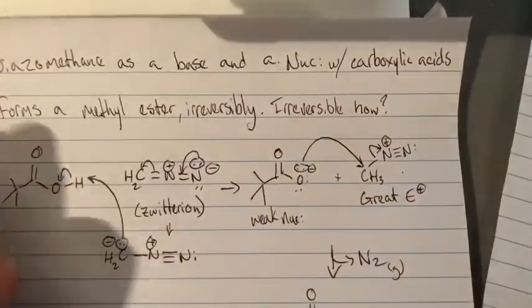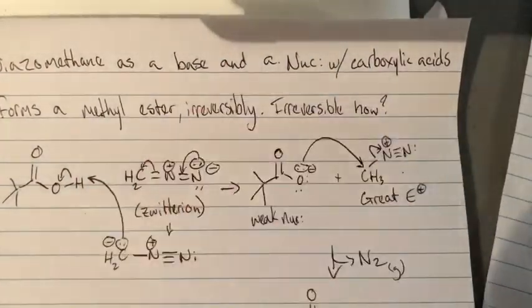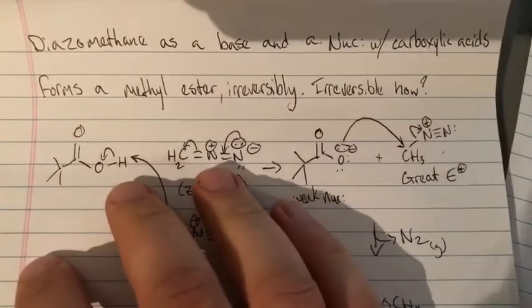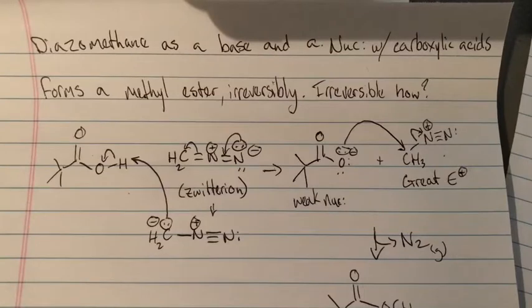Okay, so let's get into this irreversible reaction involving diazomethane, which is actually quite reactive. And in fact, it's definitely sort of an explosion hazard, if you will. It's definitely not something to play around with.